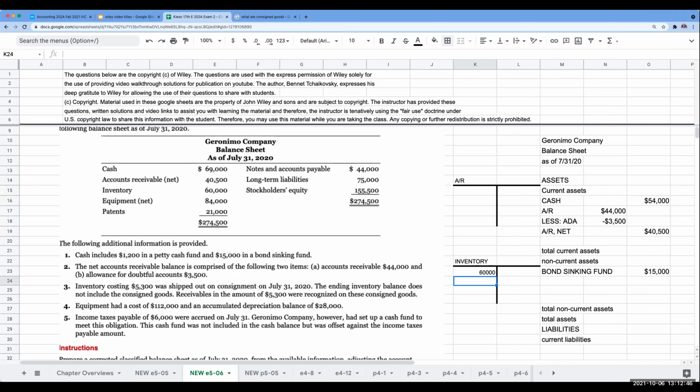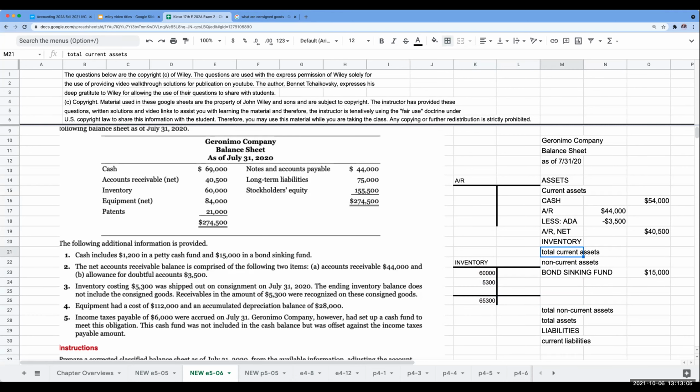So what am I going to do? Well, I need to add them back, because I still own that inventory. I should not have taken them off my books. When I'm consigning something, I will take it off once that agent or that third party has actually gone through and sold it. So my inventory is going to have a balance of 65,300.